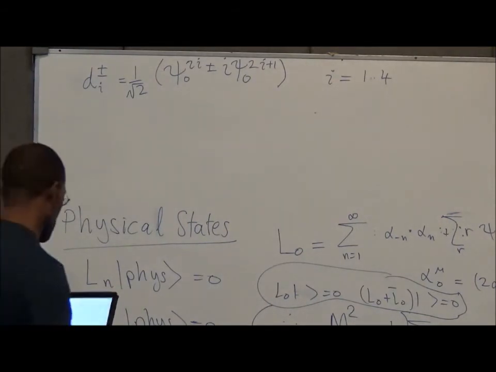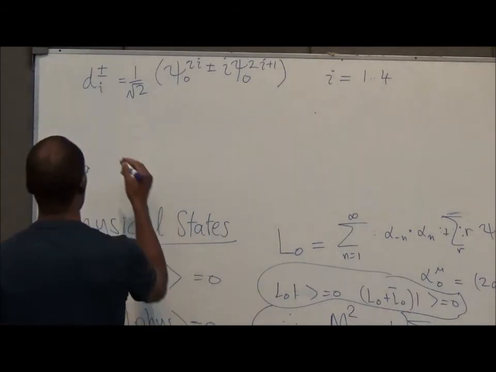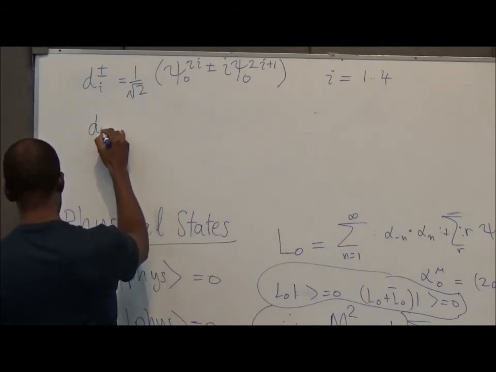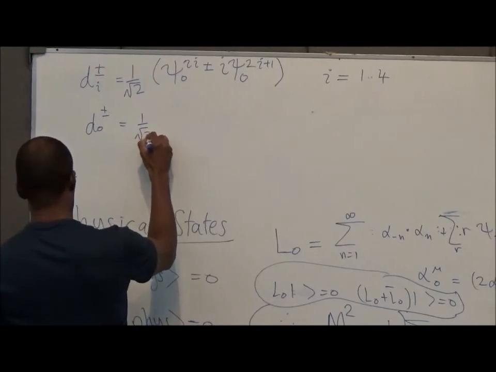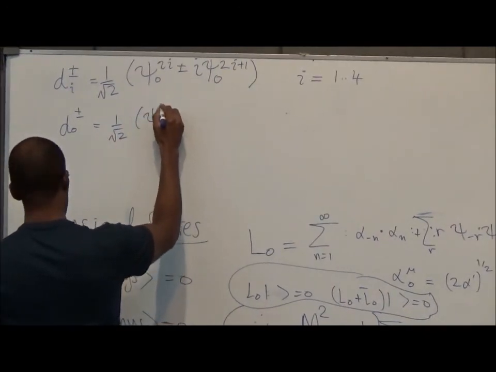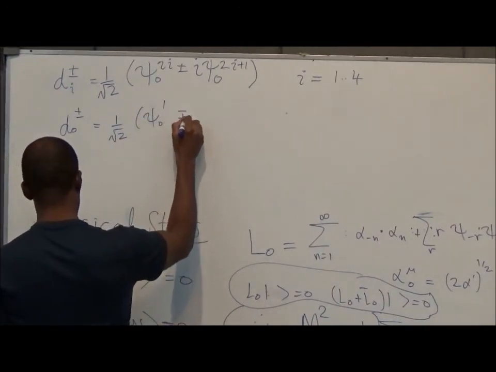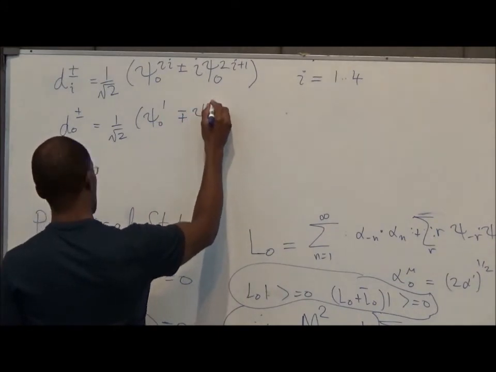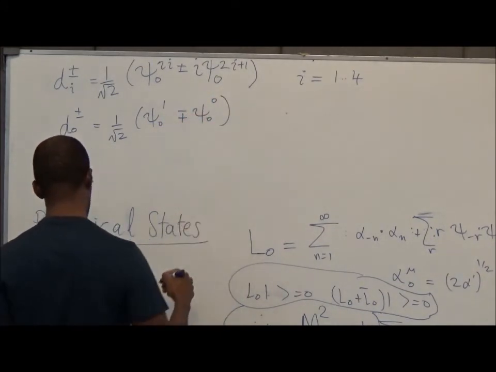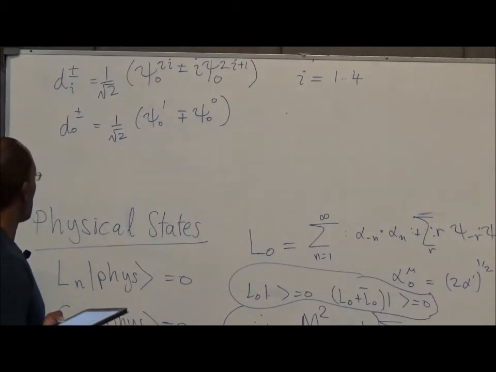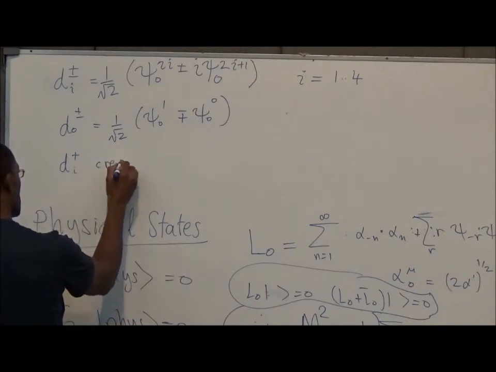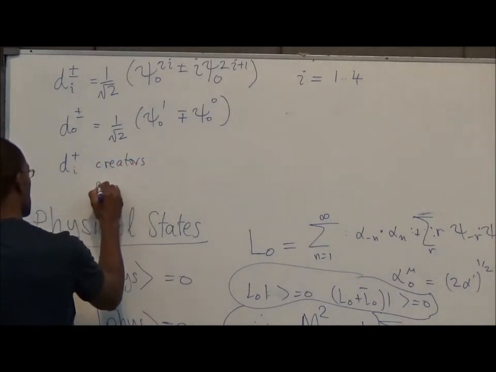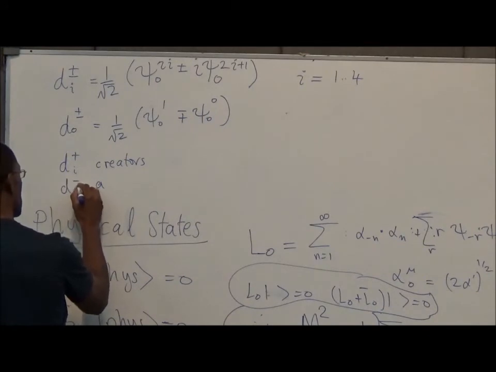And I also, although we'll throw it away, let me also look at this convention choice where that's 0, 1. Let me also write that down. And then the way I've written it in this language, these guys are creators, and the minus guys are annihilators.